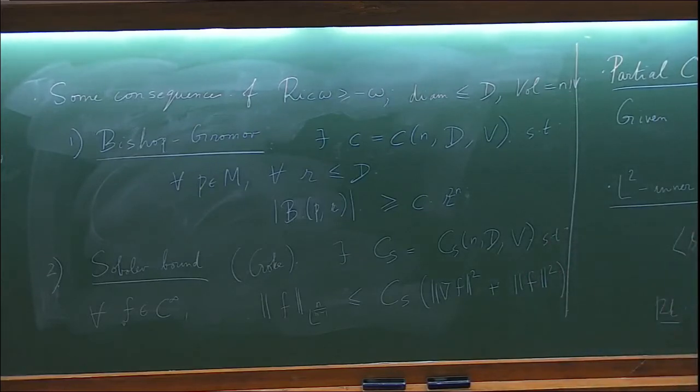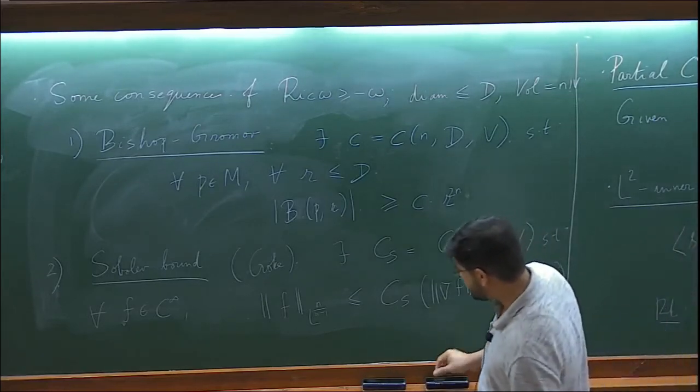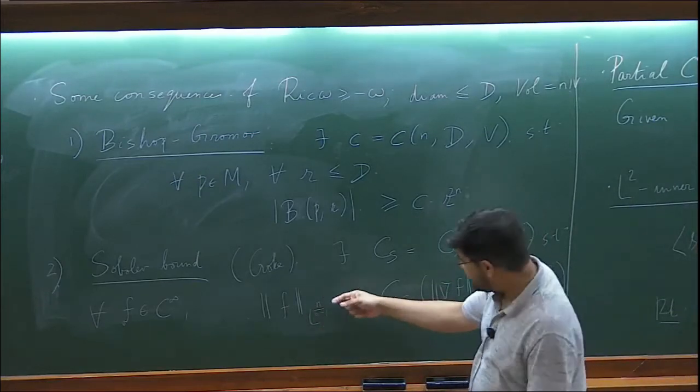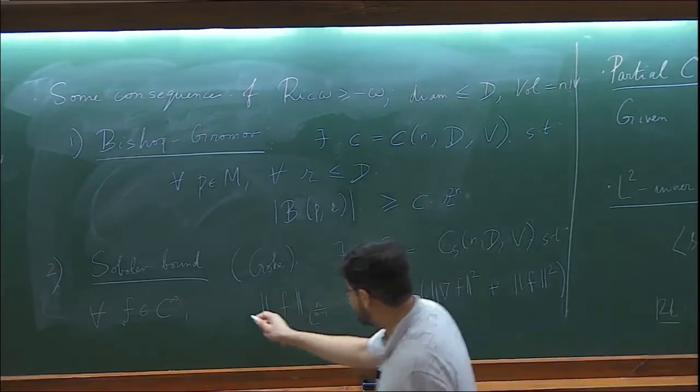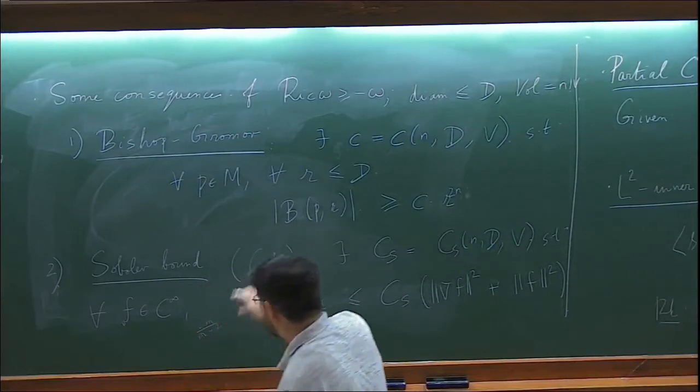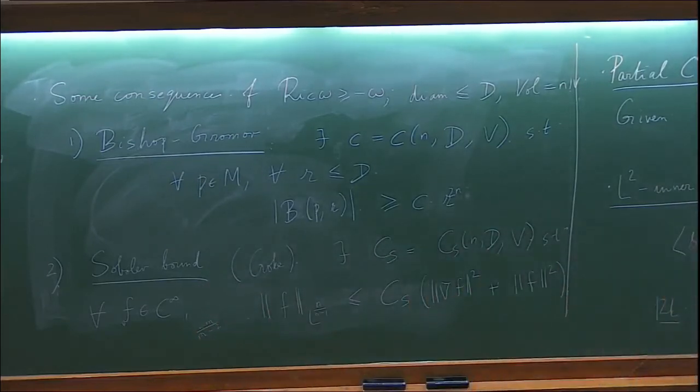Okay. If you've taken a course in analysis, this exponent is usually m over m minus 2, and m here is 2n, because that's the real dimension of our manifold.